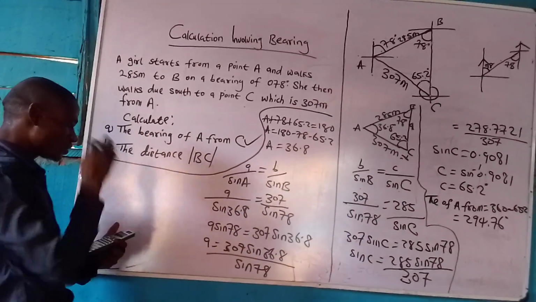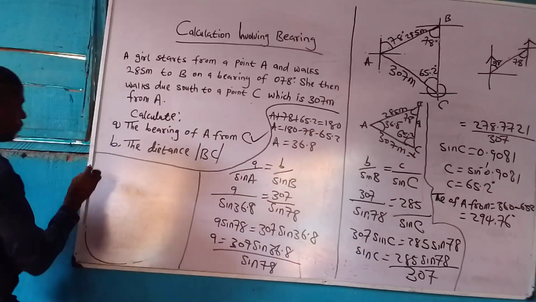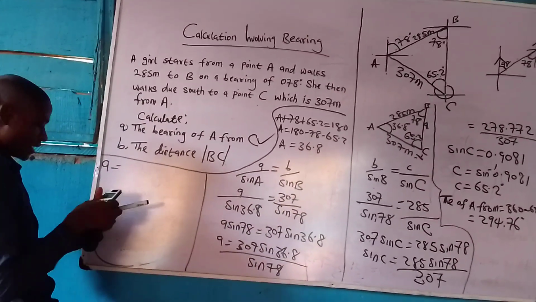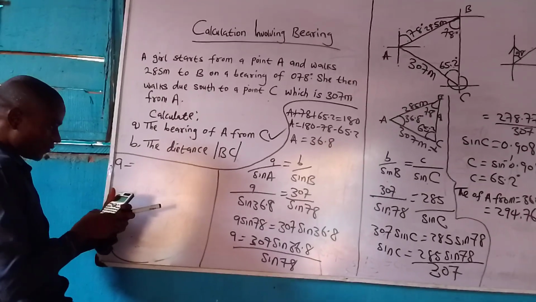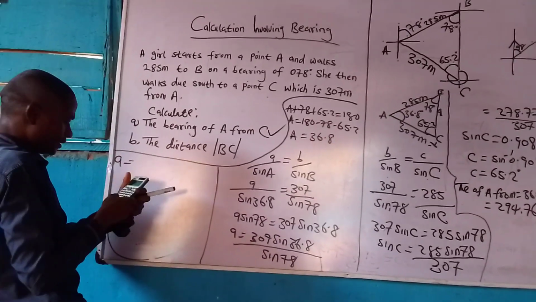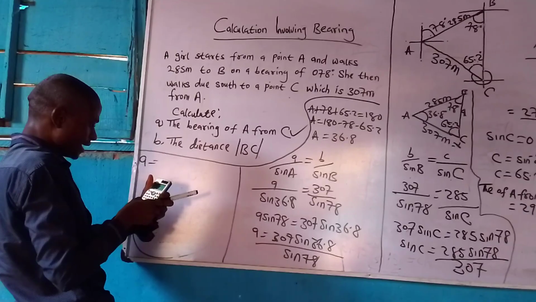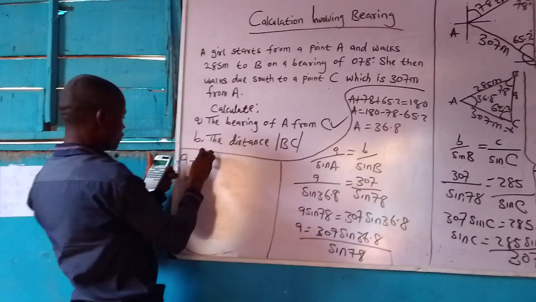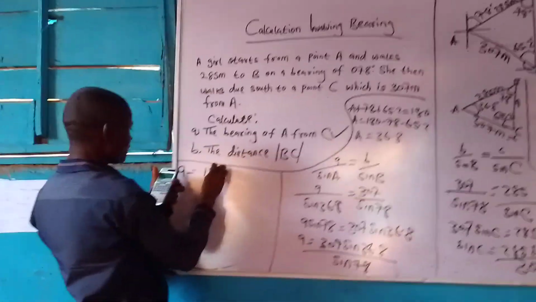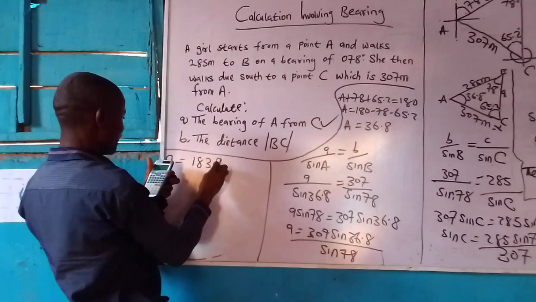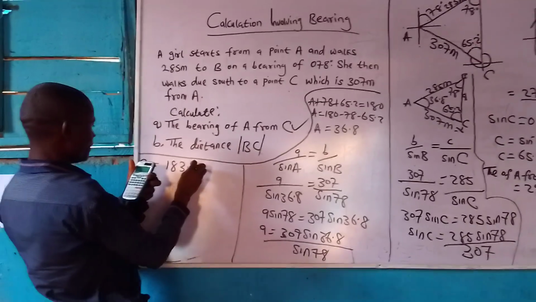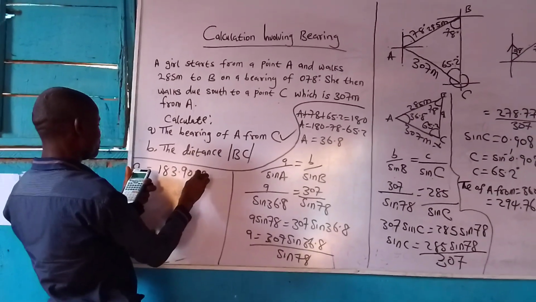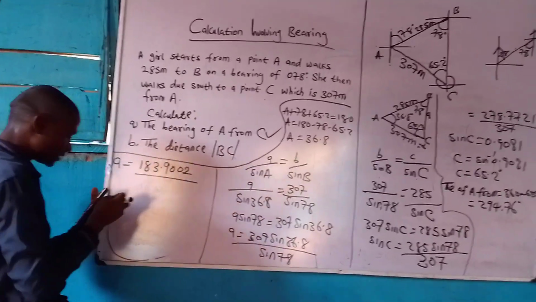We come back and continue from here. We can say a equals, you press your calculator straight: 307 sine 36.8 will give us 183.9002 in four decimal places, divided by sine 78.